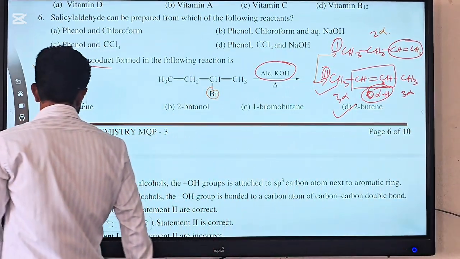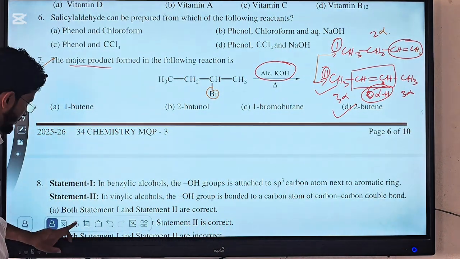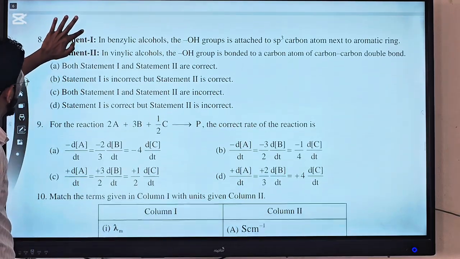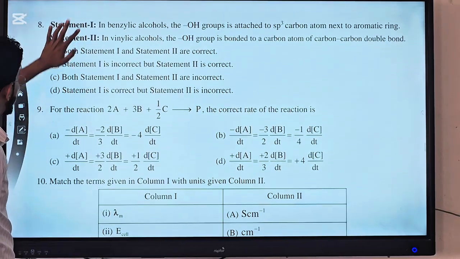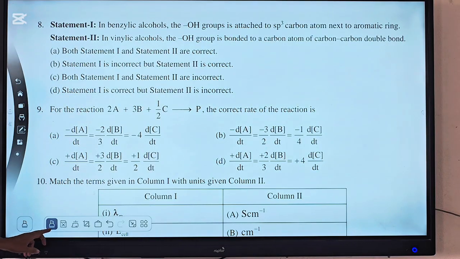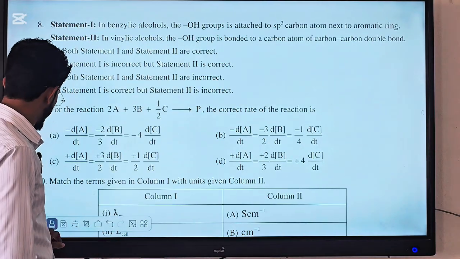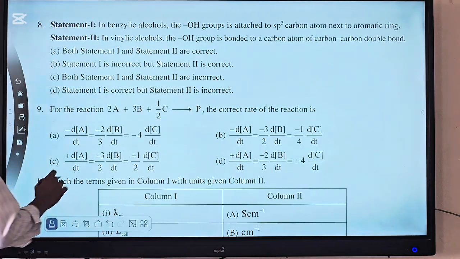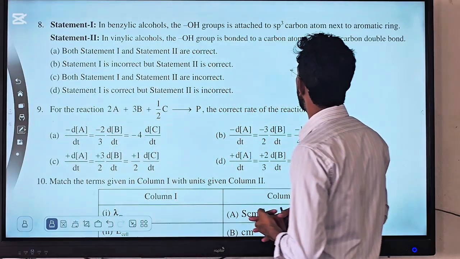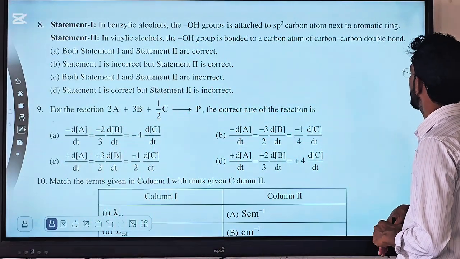Now let's see the next question, question number 8. The first statement is: in benzylic alcohol, the OH group is attached to an sp3 carbon atom next to an aromatic ring.